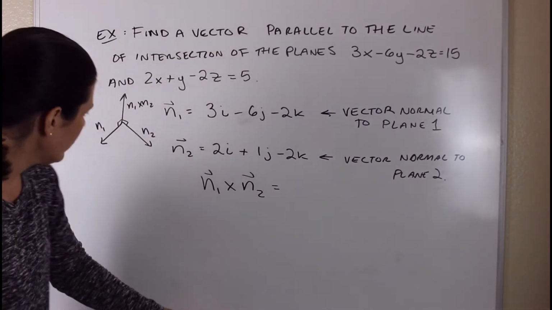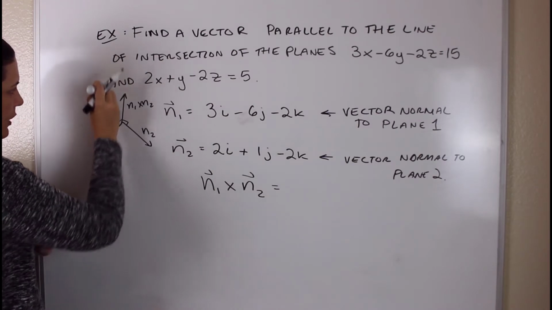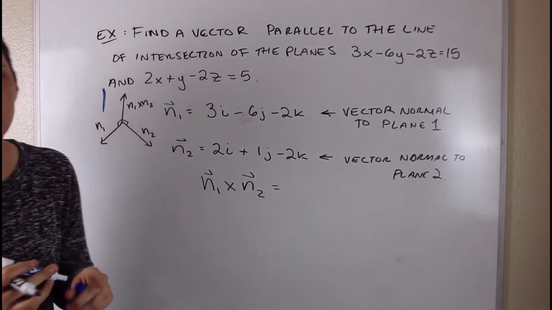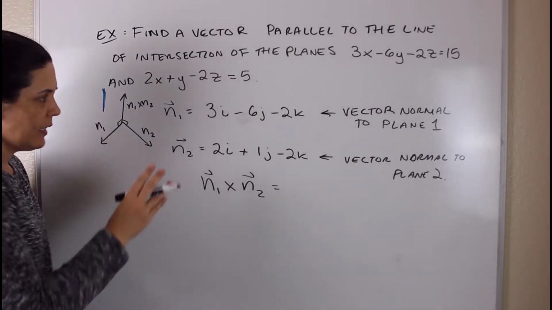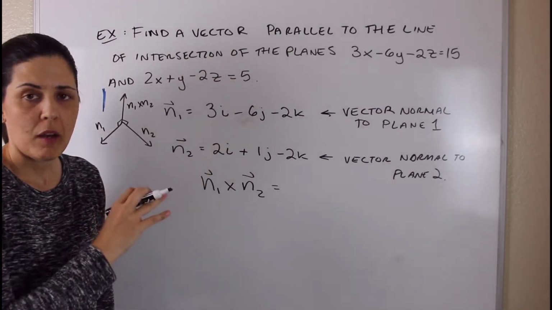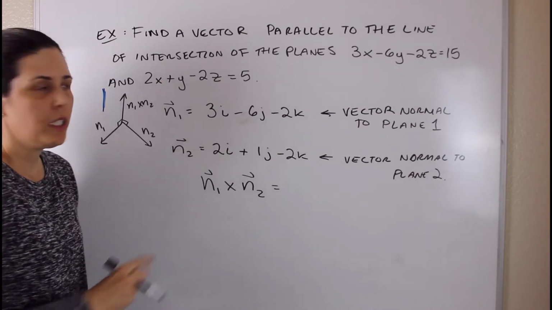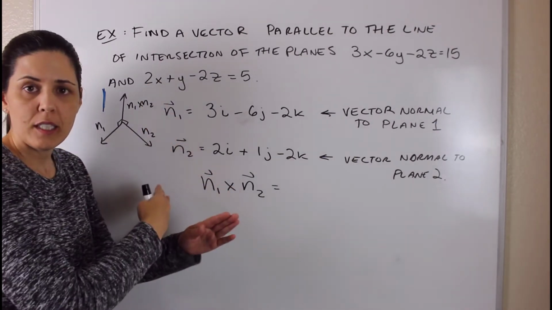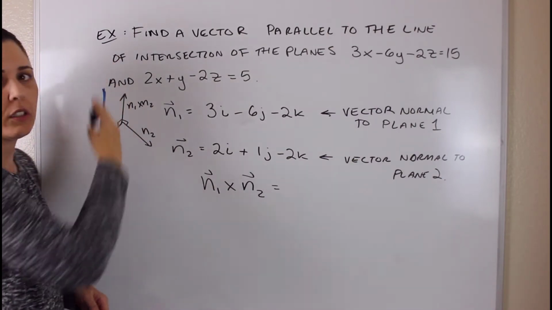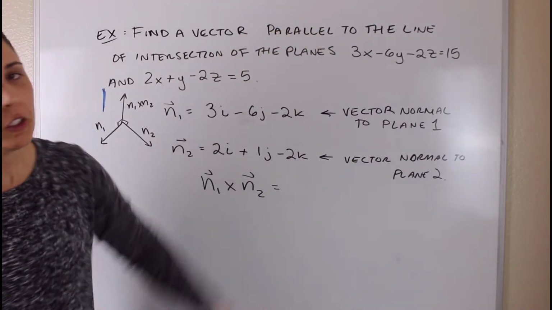So our line of intersection might be somewhere over here, but it's going to be parallel to this cross product. I know it's a little weird getting there, but the idea is we just wrote down a fact about the line of intersection being perpendicular to these normal vectors. So if we take these two normal vectors and cross them, we get this perpendicular vector, which we need because it's parallel to our line.